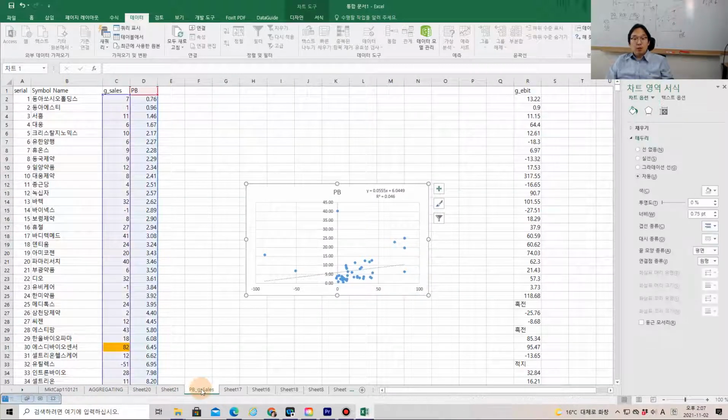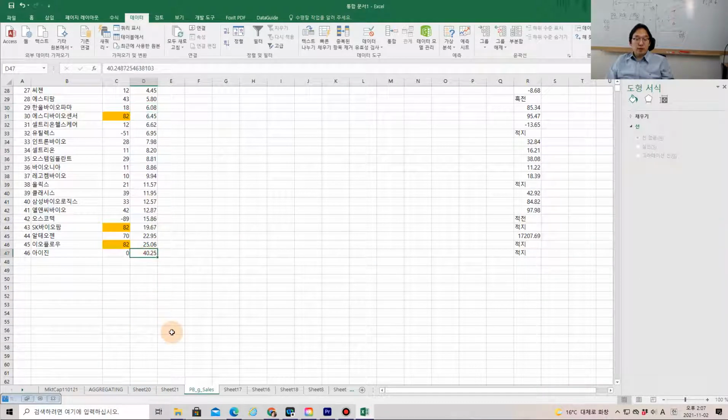So what do I do? This 40-ish one, the PB ratio being 40, I would just drop it. Or shall I Winsorize it? Let's see if I Winsorize it to the next highest one.